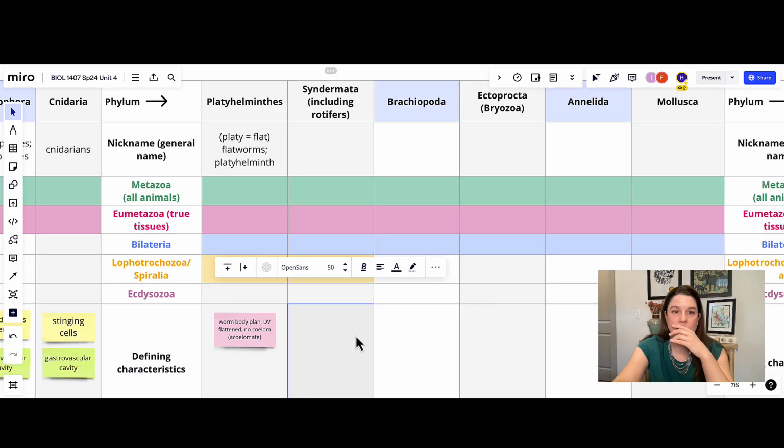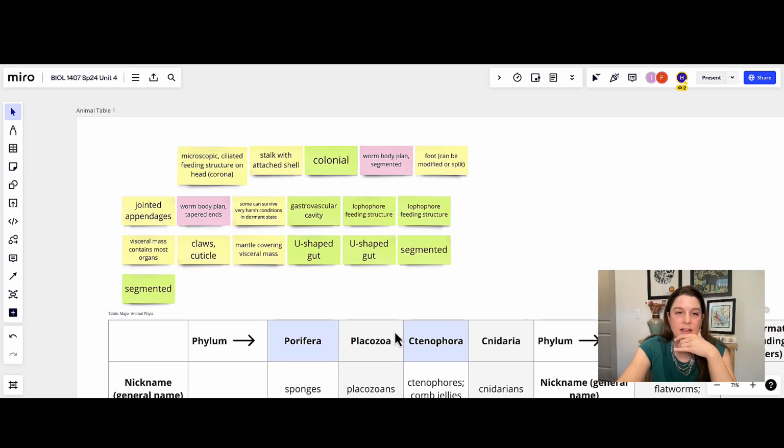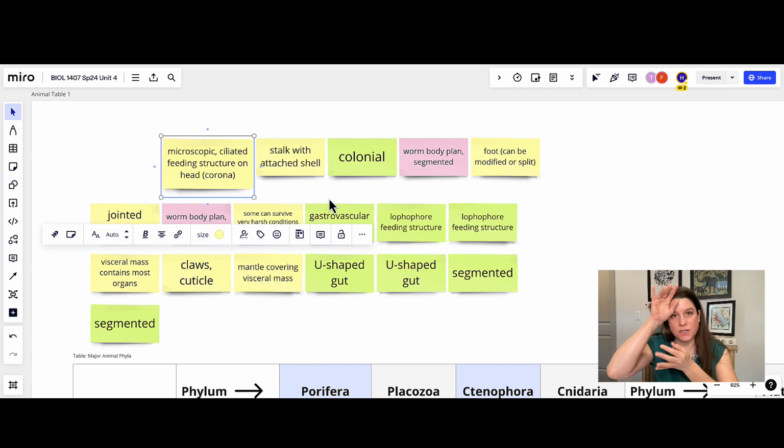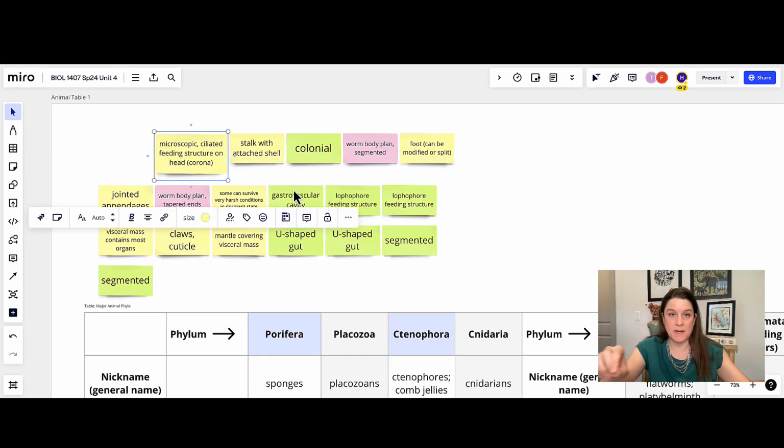Okay. So if we come here, they are very small. This is the only one that talks about small. They have a ciliated feeding structure on their head. They call it the corona. Basically, it sweeps the food into their mouth, and then it's going to come out the other end. They have a full alimentary canal now, the digestive system with a mouth and an anus.